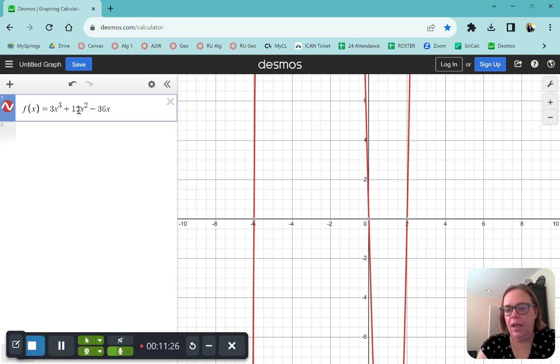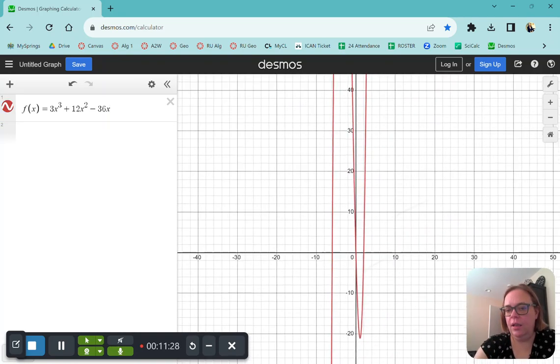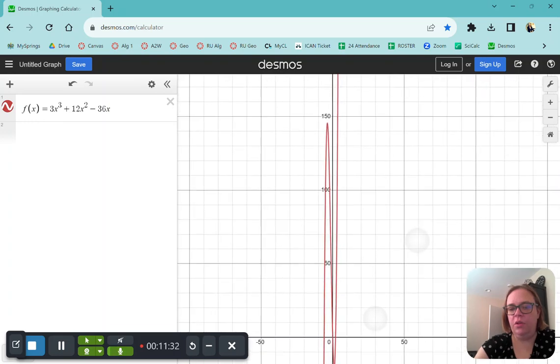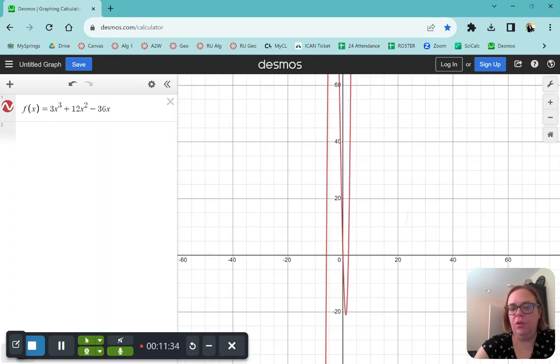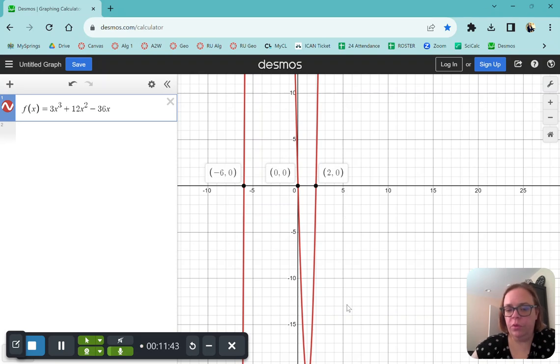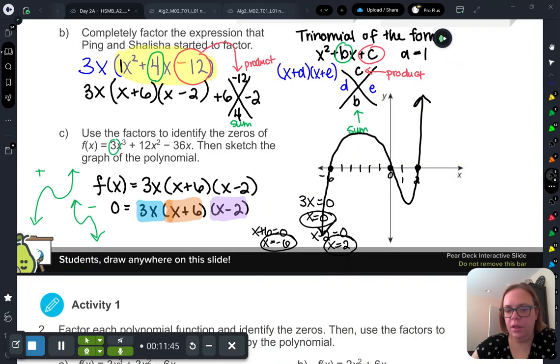And you can see how it goes way up. I didn't go that far up. It goes almost to 150. But you could see that the zeros are at -6, 0, and 2. Those were the intercepts that we had.